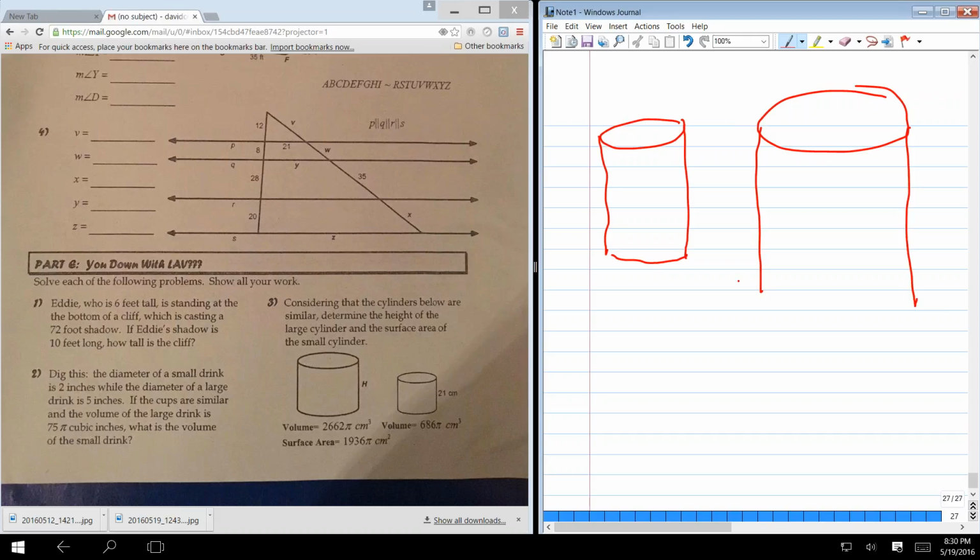Well, maybe it is. I shouldn't say that. So the diameter of that is 2, the diameter of that is 5, and they are similar. The volume of this large drink is 75 pi.